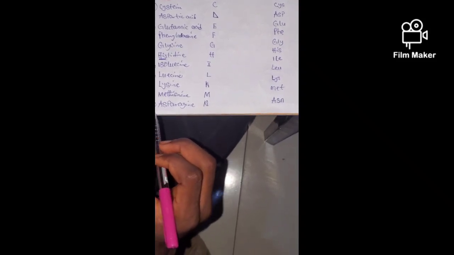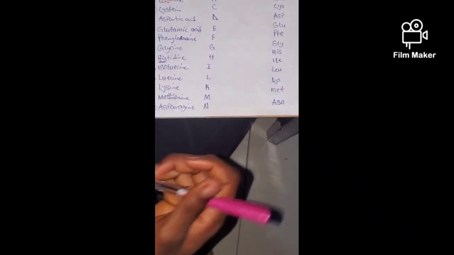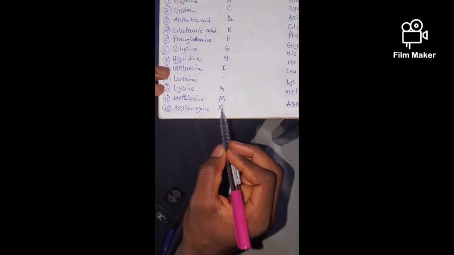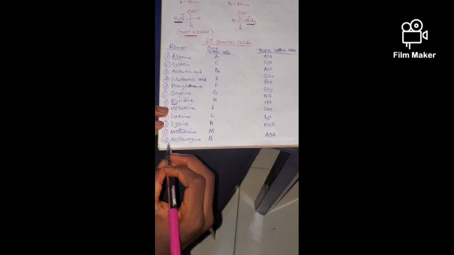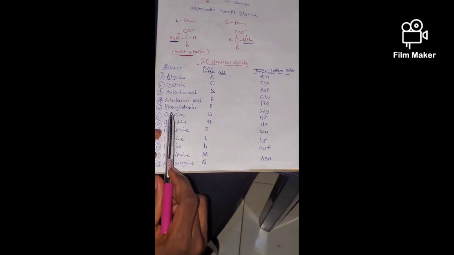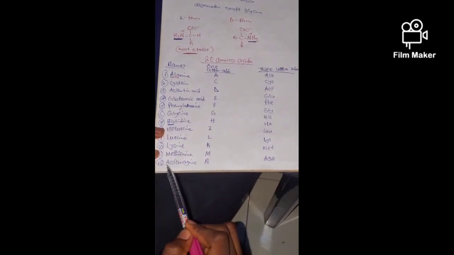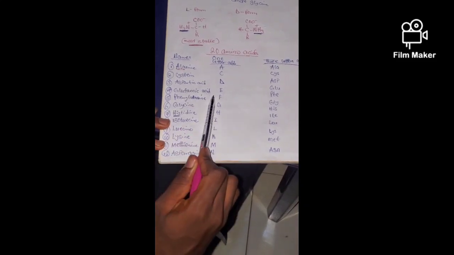All right. We have an amino acid called asparagine. The one-letter abbreviation is N, and the three-letter abbreviation is ASN. Of course, it starts with A-S-P here, but if you remember, we have already used ASP for aspartic acid.